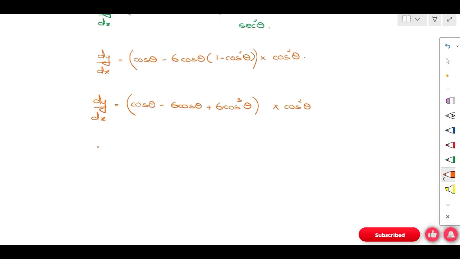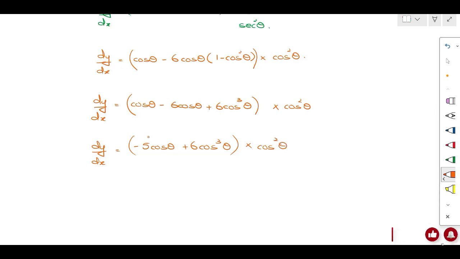Okay, so simplify this term inside the bracket first, and then we can multiply. So this is minus 5 cos theta plus 6 cos cube theta, and its product with cos square theta.